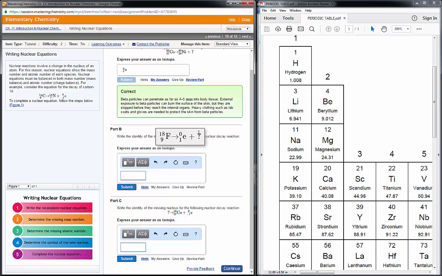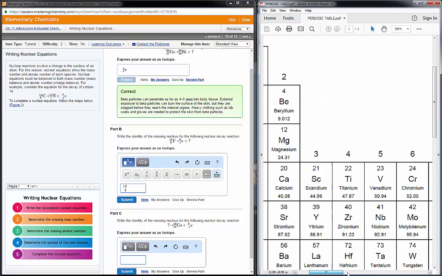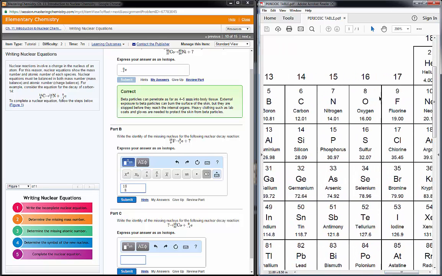So the mass of the product is 18. 9 has to equal the 1 plus whatever goes here, which must then be 8. So this is going to be 18, 8. And then I just look on the periodic table and say, which atom has atomic number 8? And that is oxygen. So, here we go. O for oxygen.